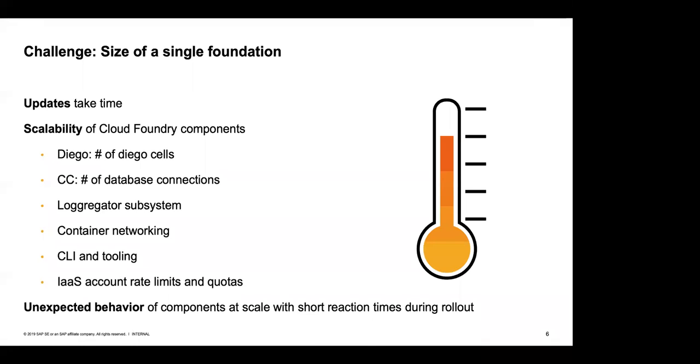So if you, like us, have thousands and thousands of Cloud Foundry organizations and Cloud Foundry spaces and service instances and applications, then you will definitely also notice that certain command line interface interactions take quite a bit of time.